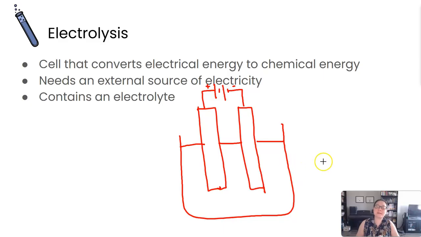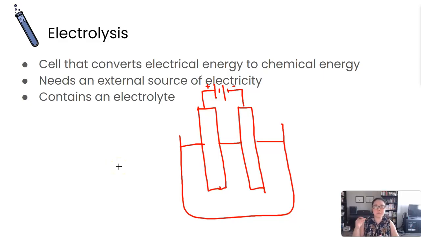Your electrolytic cell is generically going to have this sort of format. You have your electrolyte, you have your electrodes, and then you have your external source of electricity. When you're drawing in your external source of electricity, the direction that you draw it is going to matter if you have to draw an annotated version of an electrolytic cell.